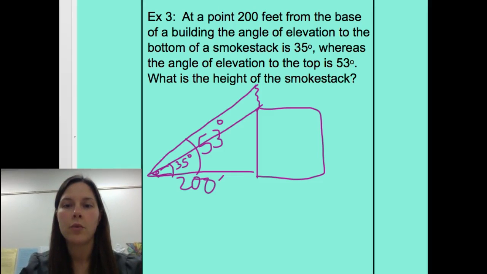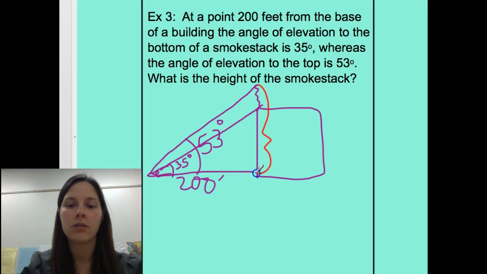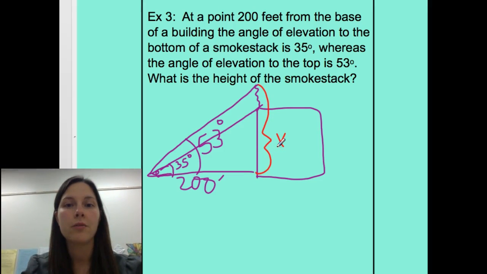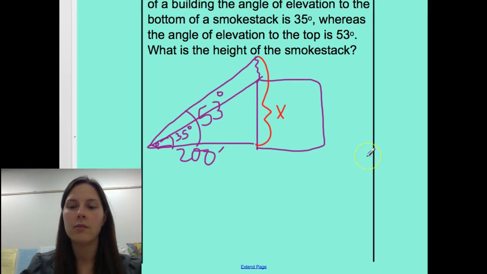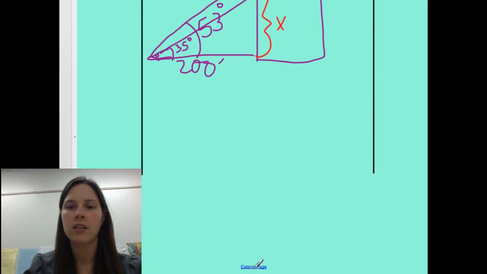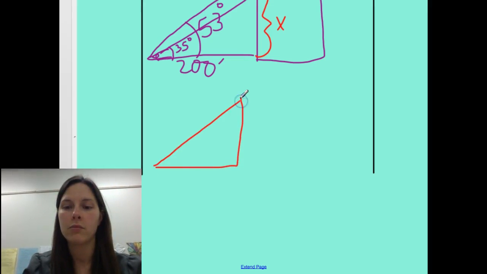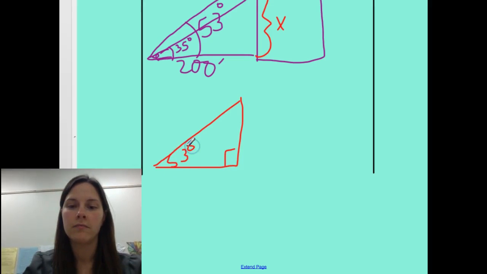So if we call from the smokestack all the way to the ground X, we can use the triangle with the 53 degrees. And actually that's looking a little bit messy. So let me redraw these two triangles separately and kind of show you what's going on here. So the first triangle to the top of the smokestack is our 53-degree angle.